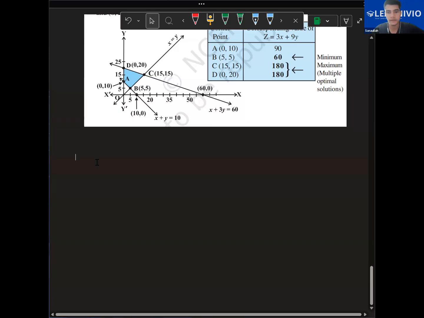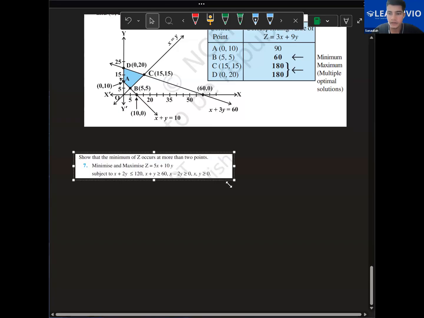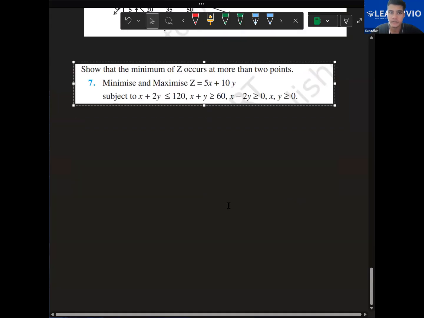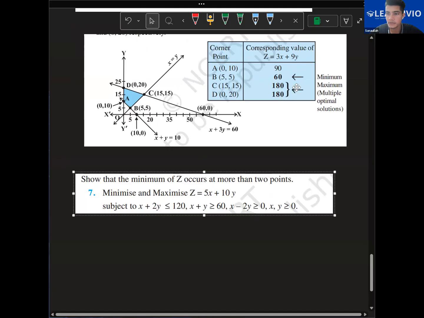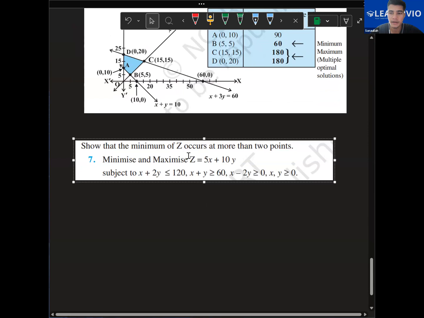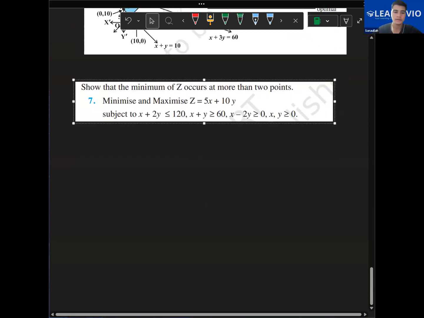In this, you have to show that the minimum of z occurs at more than 2 points. So your minimum should definitely be the same, right? And that minimum should occur at more than 2 points, like in this one, where you have multiple optimal solutions for the maximum. In this case the minimum will come like this. Do this, and after that I will make you do PYQs. We will complete this chapter in this lecture itself and do a new chapter in the next lecture.